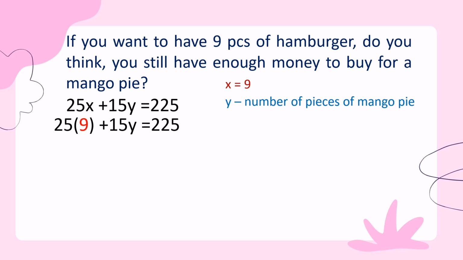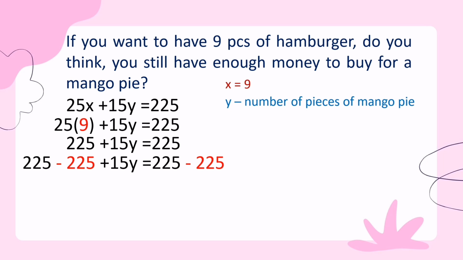So to solve for it, let's substitute the value of x in the given equation. So 25 times 9 plus 15y is equal to 225. Simplifying, we have 225 plus 15y is equal to 225. And to isolate 15y, let us add negative 225 on both sides of the equation. So we have 225 minus 225, that would be 0, plus 15y is equal to 225 minus 225.